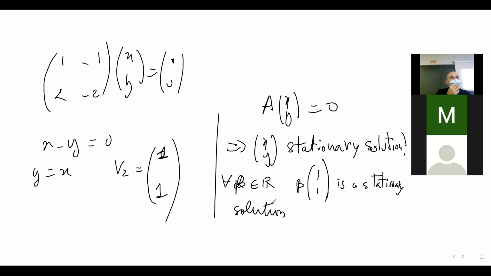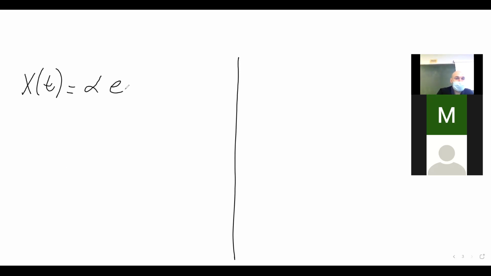Okay, that being said, I can write the solution. We already did that. If I choose x of t to be alpha exponential minus t v1 plus beta v2, I have all the solutions.